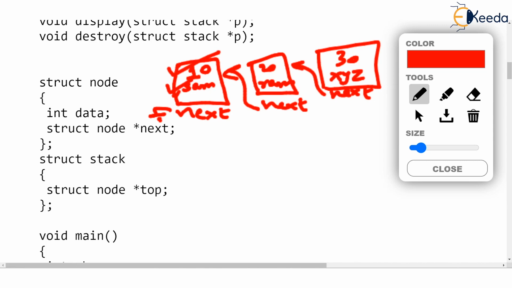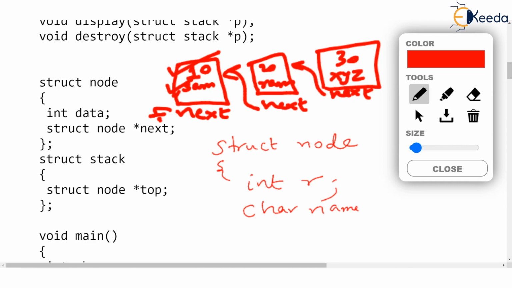Then what kind of declaration will you do? I hope you are understanding. You will write struct node, and you will say every node stores int r. Let's say r is the roll number, like 10, 20, 30, and every node stores a char name, let's say 40 characters, and every node has a pointer called next.